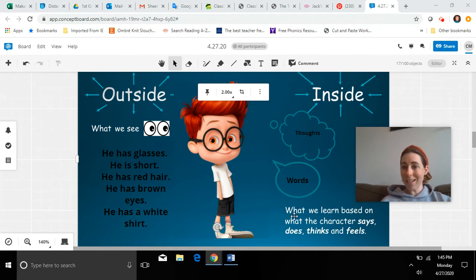To determine the character trait, a character trait is what we learn based on what the character says, what they're saying in the story, what they do, what he or she does, what the character thinks, and how they feel.